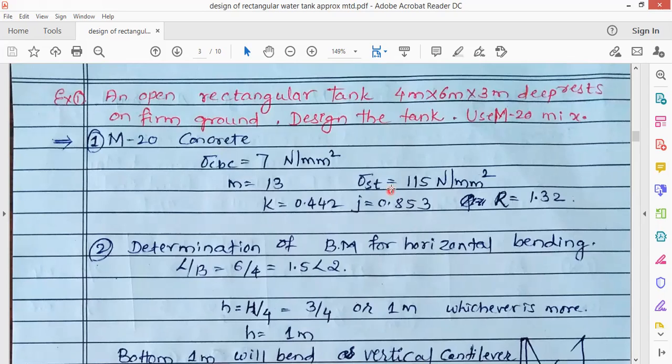And sigma_st, these values are available in IS 456 as well as IS 3370 part 2. So sigma_st is equal to 115 Newton per mm square, and k is 0.442, j equal to 0.853, and R equal to 1.32.